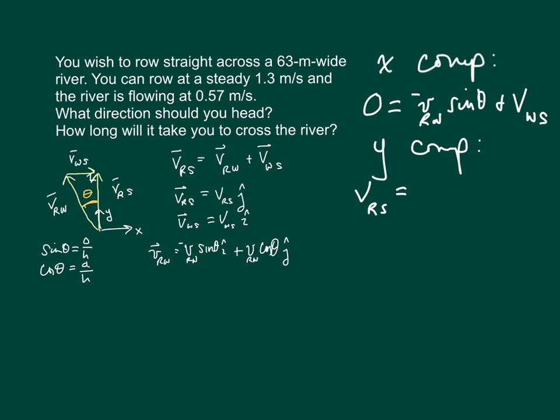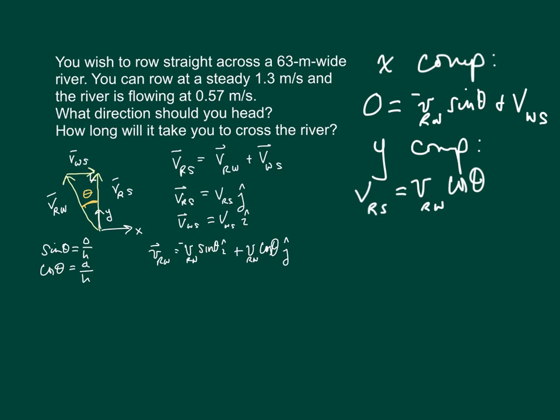And now we want the y component of V sub RW. And V sub RW, the y component is right here. So we have V_RW cosine theta. And then finally we're going to be looking for the y component of V_WS.